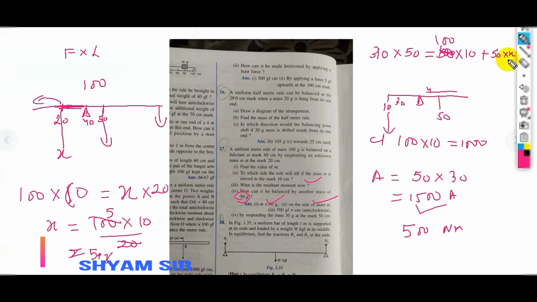So calculate x, and it would be this far from this point. Whatever x comes out, you will add to 40, and that would be the answer.